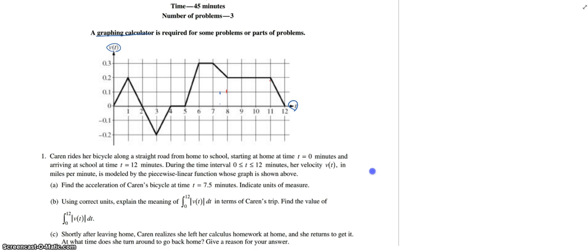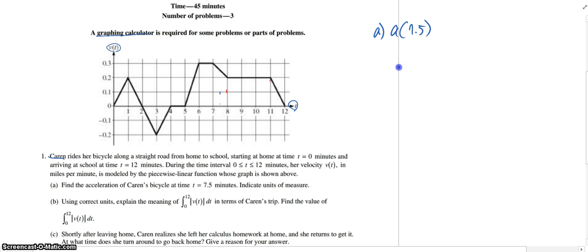Basically the story is this girl called Karen is riding a bicycle with the following velocity at each corresponding time, from 0 to 12 minutes. The first question, part A, is asking us to get the acceleration at time equals 7.5 minutes.